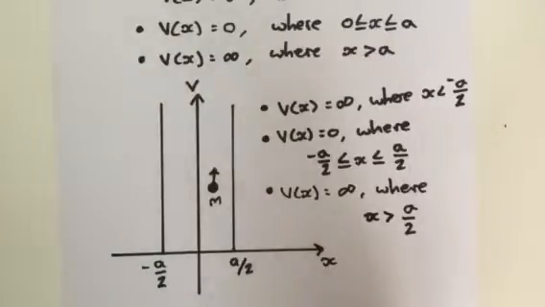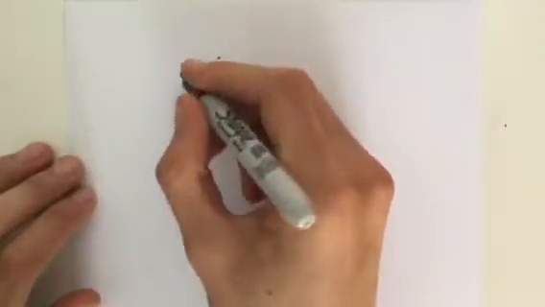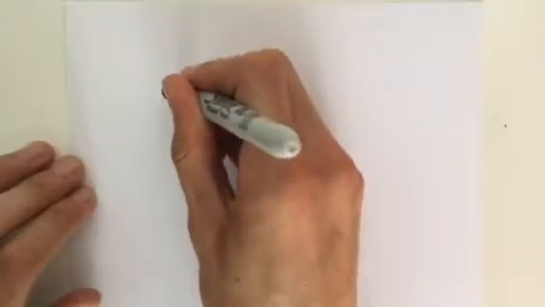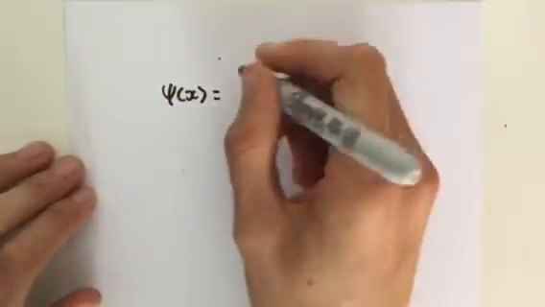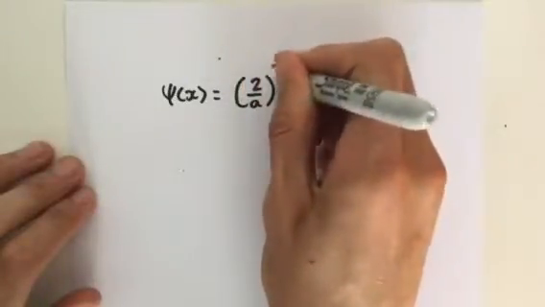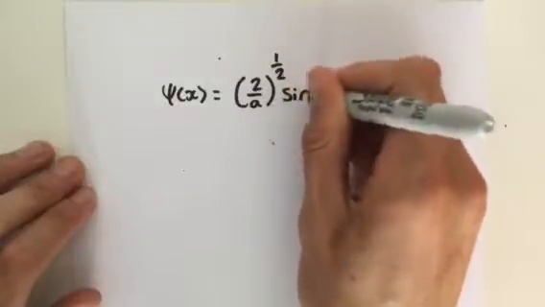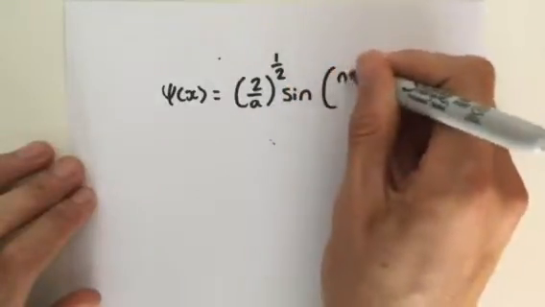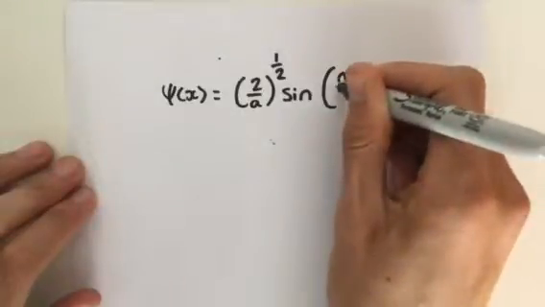So this means that you can write the wave function for the new square well as follows. If you haven't seen my other series, we derived the wave function for the particle in the infinite square well, and what we got was psi of x equal to 2 over a to the power half, so you just take the square root, and then we had sine of n pi x divided by a.